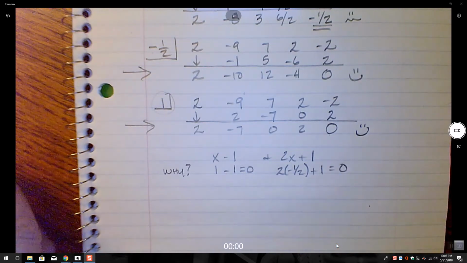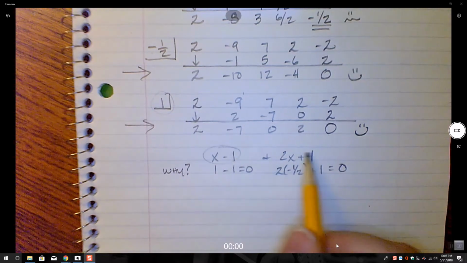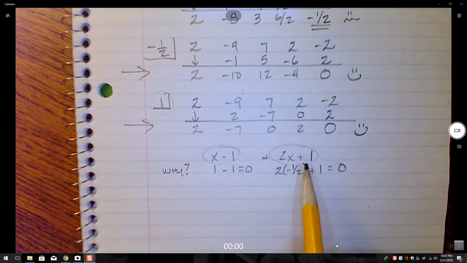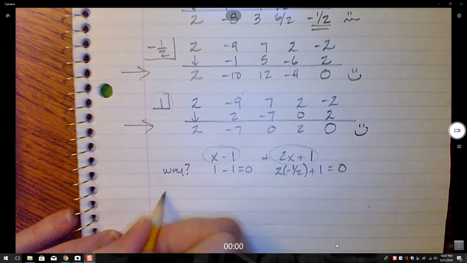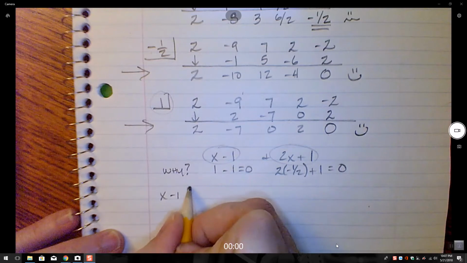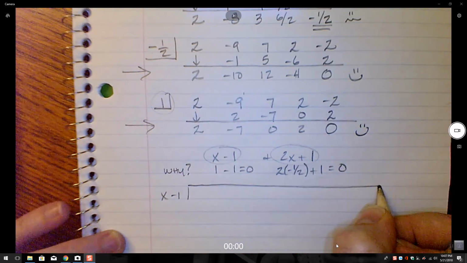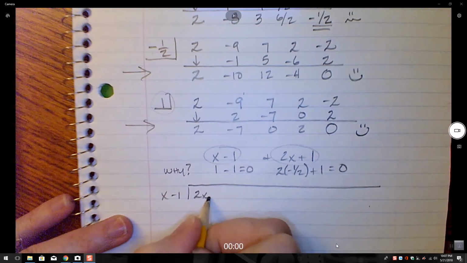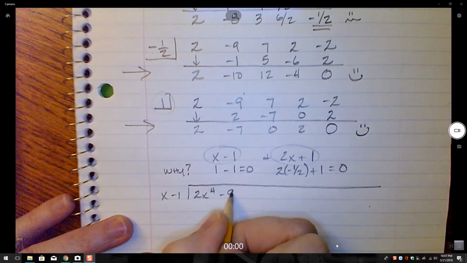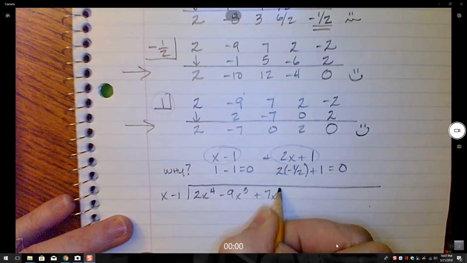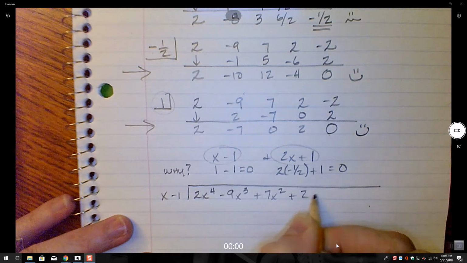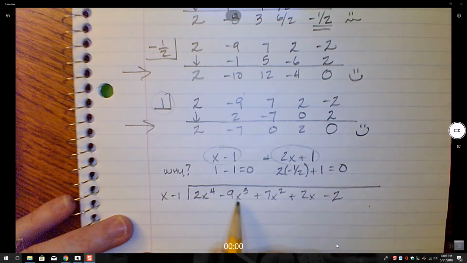Now, if we divide these factors out of our original polynomial, we are going to get this. I'm going to actually divide the x minus 1 out. The polynomial is 2x^4 - 9x^3 + 7x^2 + 2x - 2. Do I have all the right signs?